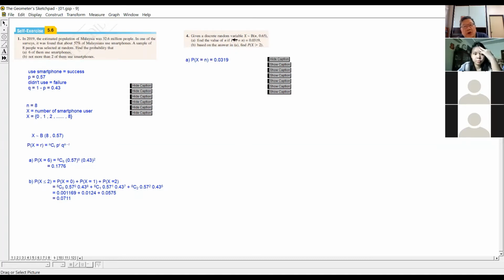So like what I've said, berani kerana benar. You have to copy down this thing here, right? Once you copy down, probability of X equals to n equals to 0.0319, right? This side, no need to do anything. This side, P of X equal to n, you have to replace with the formula.